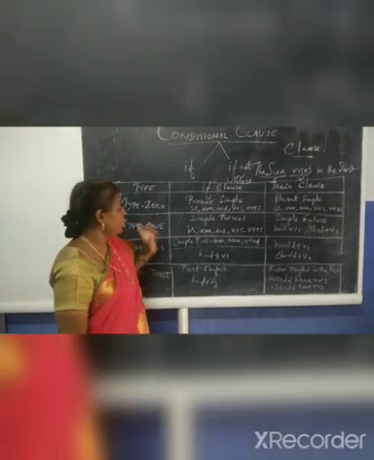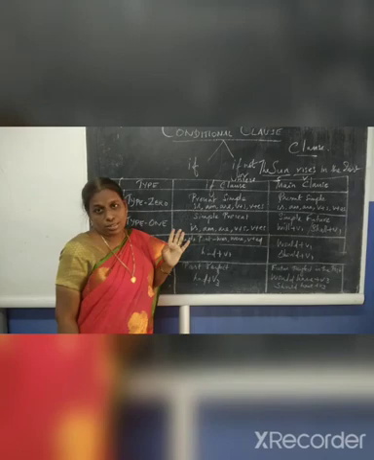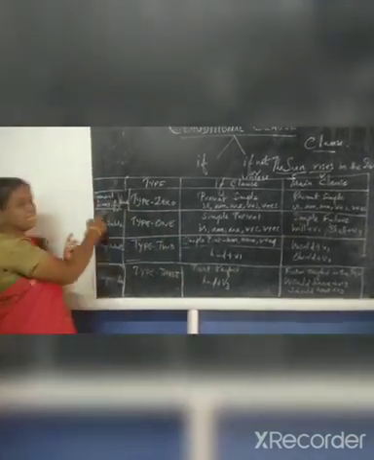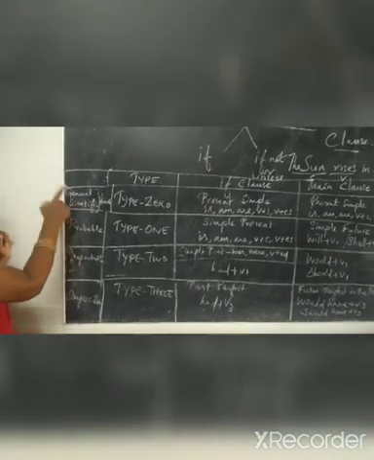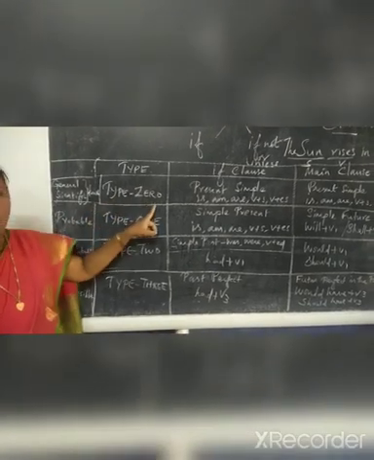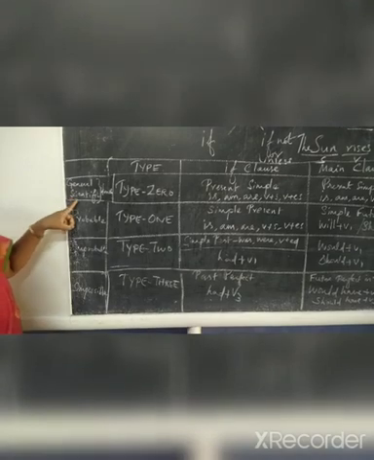Now, here we have four types of conditional clauses. Okay, let us see now. The first type: general or scientific truth, Type 0. We can use general truth or scientific truth.